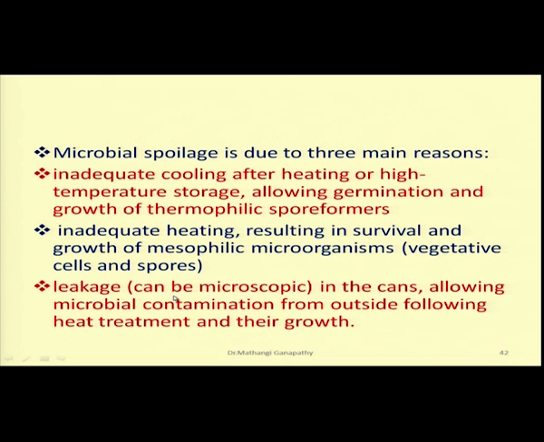The third is leakage, which can be microscopic in the cans, allowing microbial contamination from outside following heat treatment and their growth. So, suppose there is a small microscopic or a submicroscopic pore because the can was not properly sealed. After heat treatment and after adequate cooling, even if the temperature of storage was normal, preventing microbial growth, the small leakage is enough for the microbes.